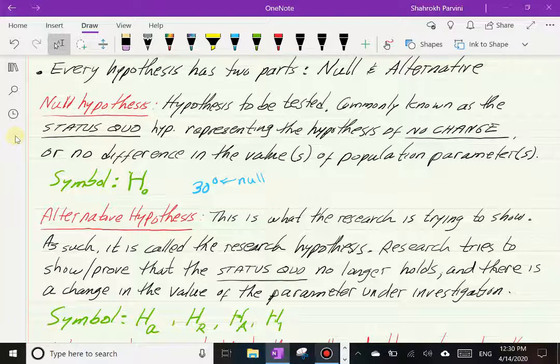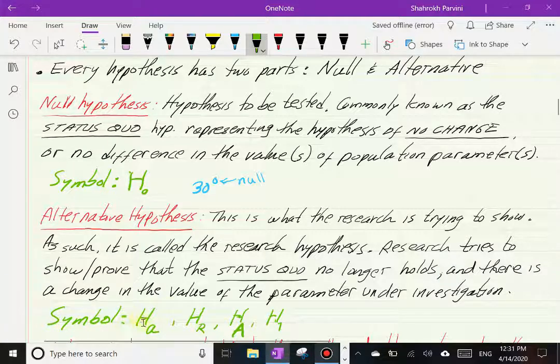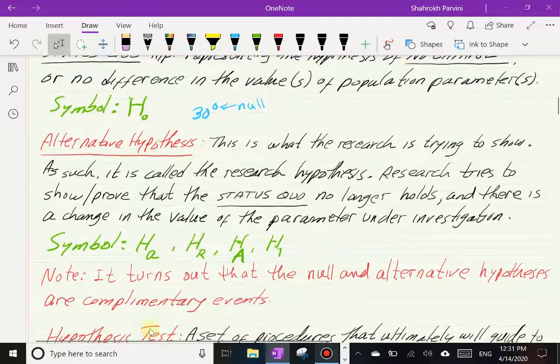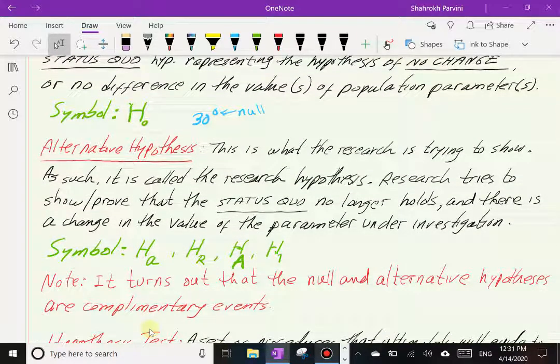Symbolically, I've put in some of the common notations for the alternative hypothesis. The one your author uses is the first one, H with the lower subscript A. That's the alternative. One thing to note immediately is that the statements of the null and alternative turn out to be complementary events, which we will define.